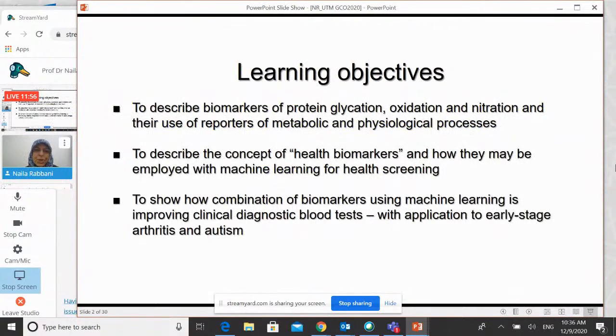The learning objectives are, by the end of my presentation, to describe biomarkers of protein glycation, oxidation, and nitration and their use as reporters of metabolic and physiological processes, and to describe the concept of health biomarkers and how they may be employed with machine learning for health screening. Finally, to show how combinations of biomarkers using machine learning are improving clinical diagnostic blood tests, with application to early stage arthritis and autism.